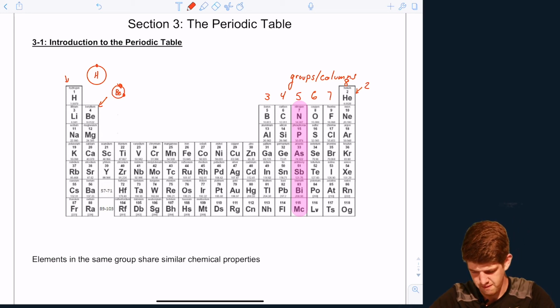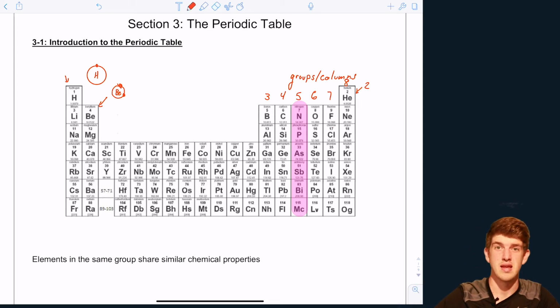But fluorine in its outermost shell has 7, just like chlorine has 7, just like bromine has 7, all the way down. So as a fact to memorize, know that the chemical properties of elements are similar in each group, and also in each group you have a similar number of valence electrons, which are the electrons in the outermost shell.